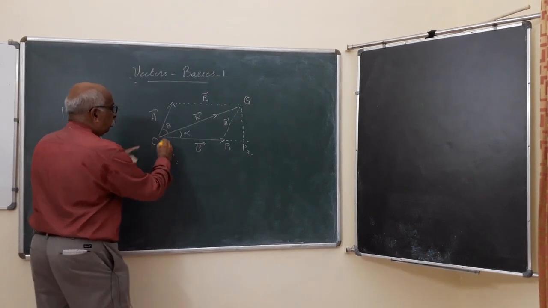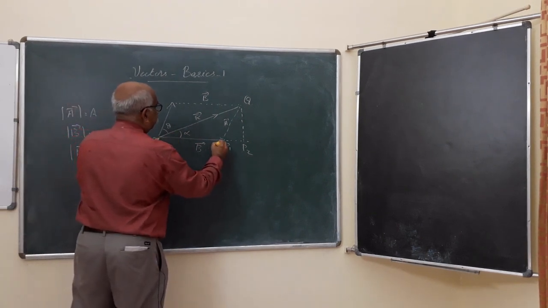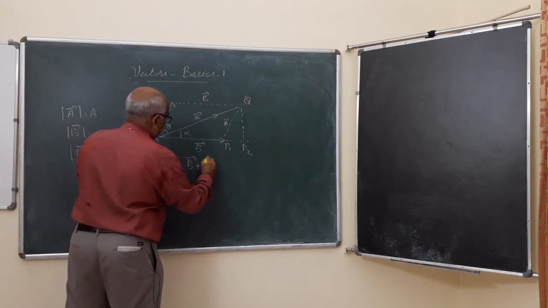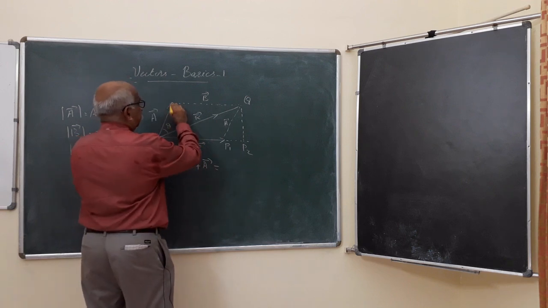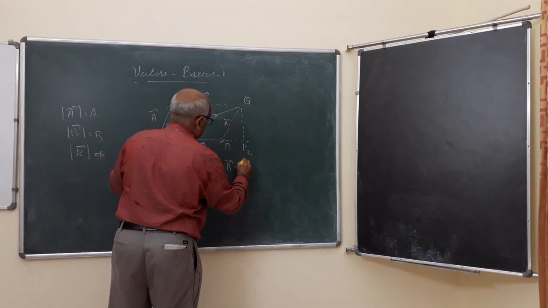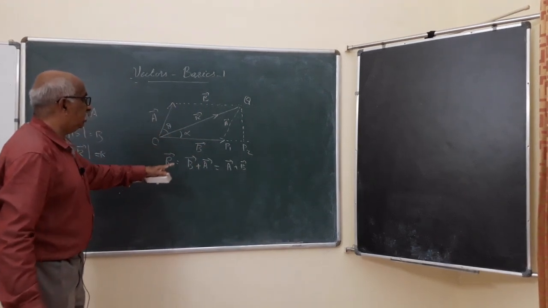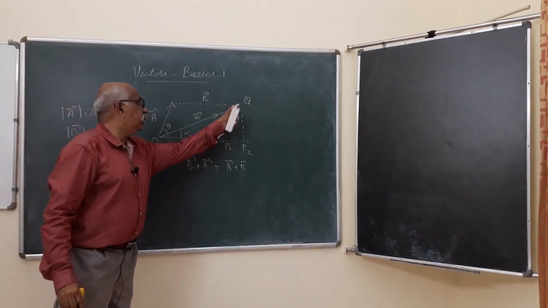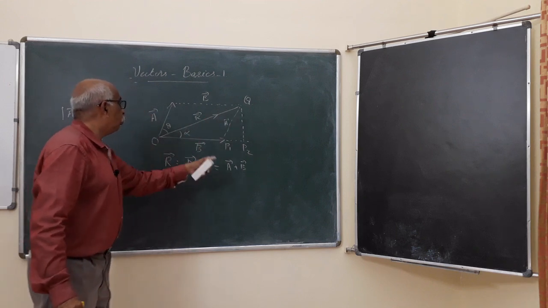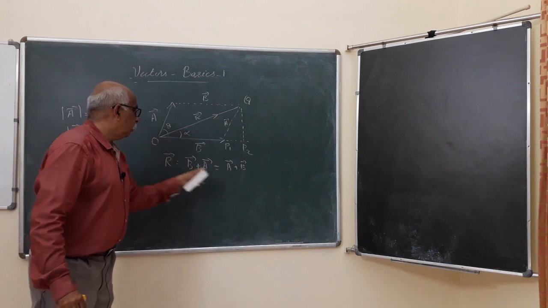R is equal to B plus A. Also, this is A plus B. Vector R can be written either as B plus A, triangle of addition, or A plus B.